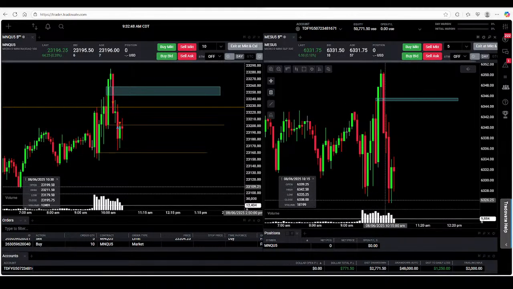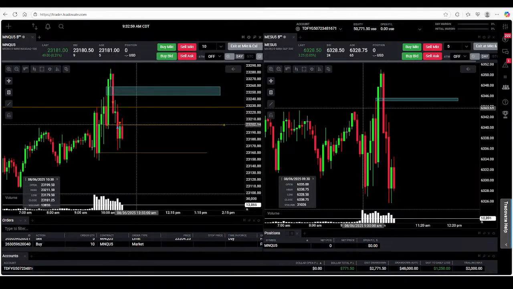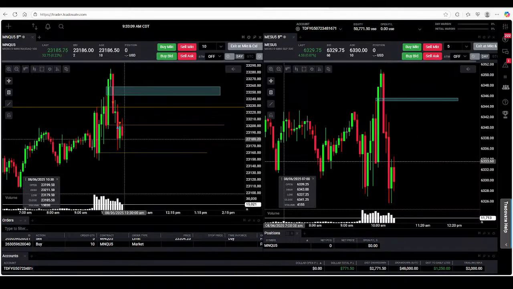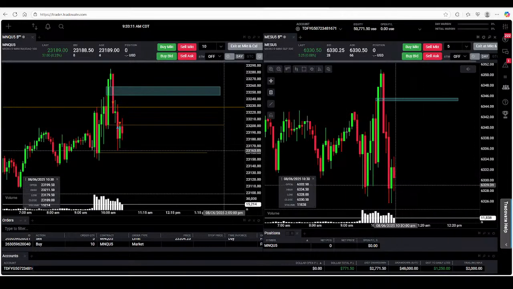You can see we have what would be a fair value gap right here. So we could watch that for an inverse. It's not my favorite thing, so I'm not going to watch it, but we could have, and that's why I should have taken some off, as it could be a setup that might develop.